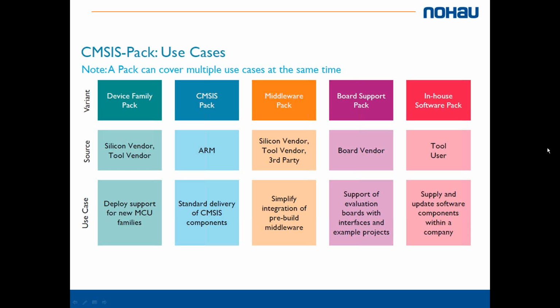You have the middleware pack, which usually comes from third parties, for example the GUI pack from SEGGER if you buy the MDK Pro. And then you have the board support pack, which gives you device drivers for the different LEDs, potentiometers, and whatever you have on your board.